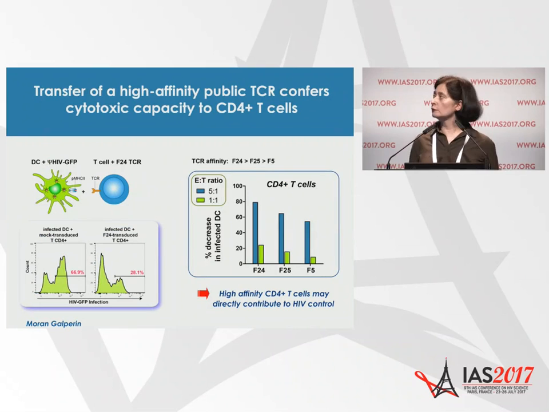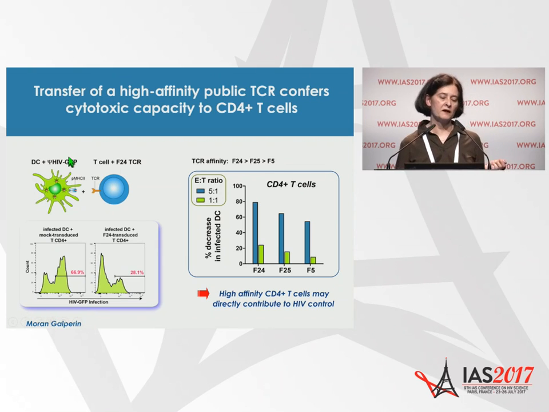And more recent data support this notion. This study of the cytotoxic capacity of the TCR transduced cells was done by Moran Galperin. What he did is infect monocyte-derived dendritic cells with a single-cycle HIV GFP reporter virus, and then incubated these DCs with TCR transduced CD4 T-cells that were autologous.